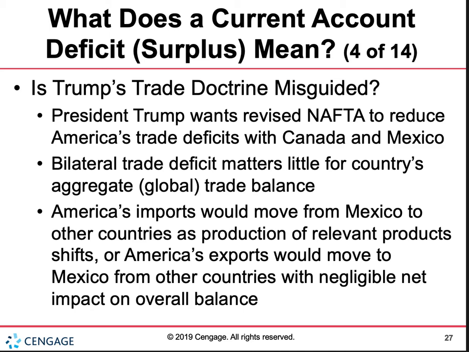So basically, he wants to increase his exports, decrease his imports, and become less reliant on these other countries. And the main reason, if we reduce these deficits, is that he wants to trade with the rest of the world as well, and not just with our neighboring countries. If we can get it from a country cheaper, that's what he's trying to do, trying to get the best deal, quote unquote.